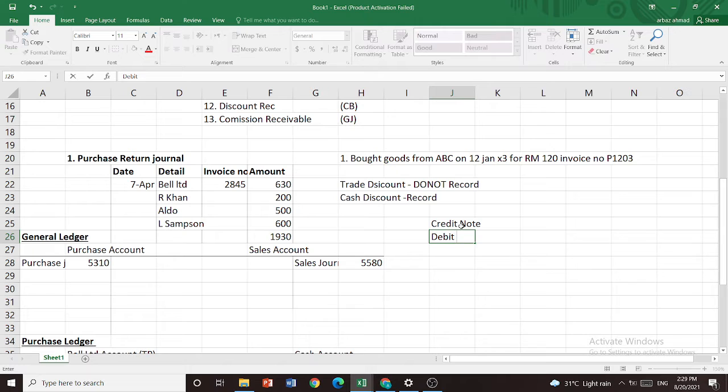If someone wants to return something, they have to issue a credit note. First the customer will ask for a debit note, and then the supplier will issue the credit note, depending on whether we are the supplier or the customer.